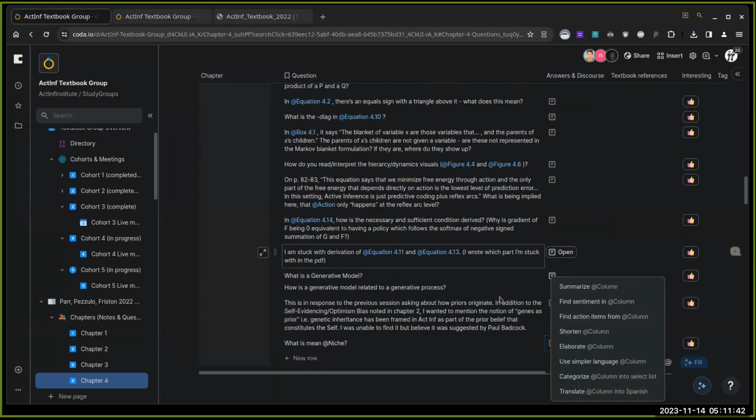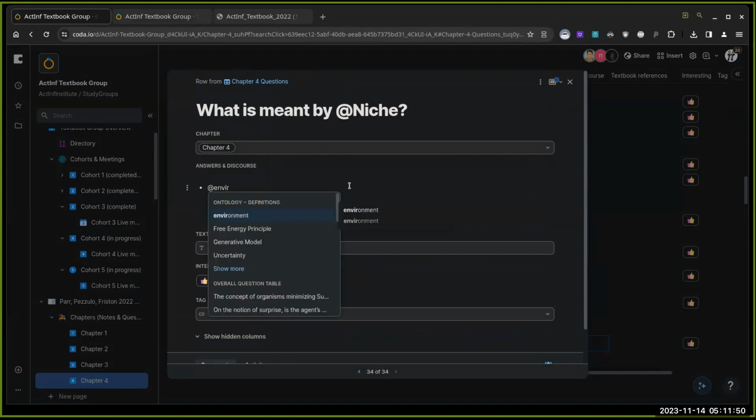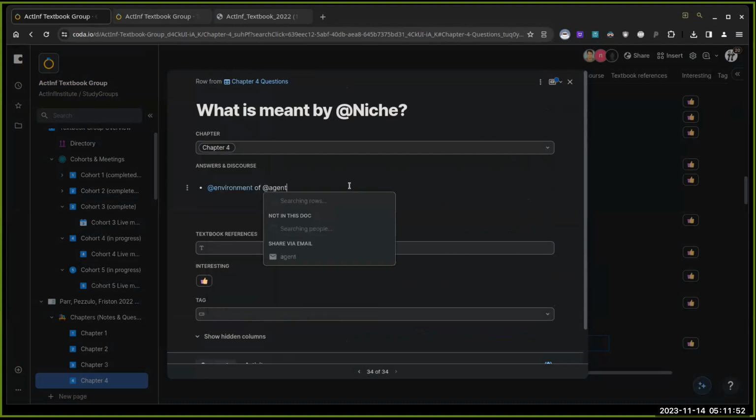Okay. What is meant by niche? Simply, the environment of the agent. There's also longer answers I'm sure people can provide. Anyone else want to give a thought?